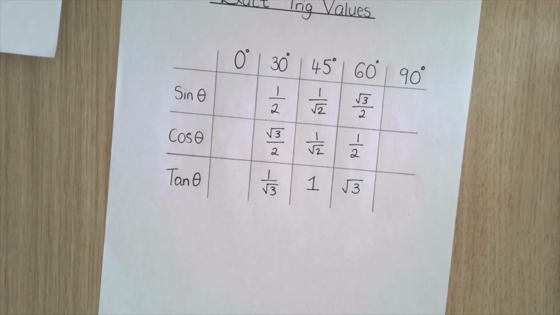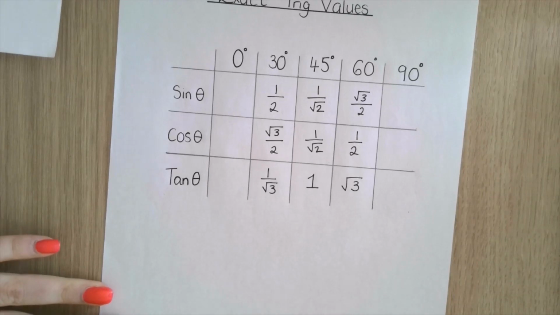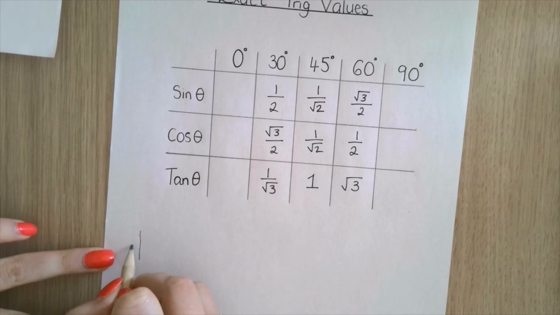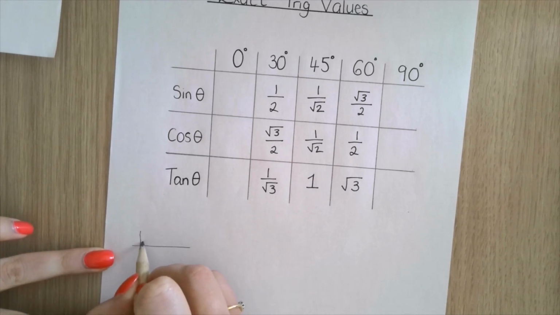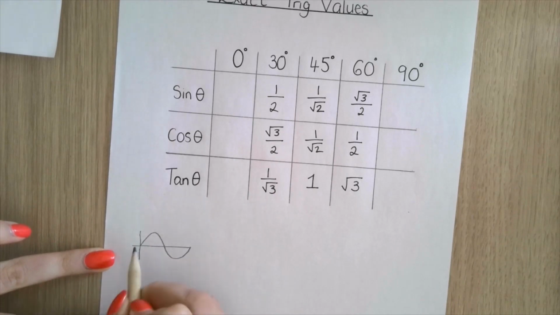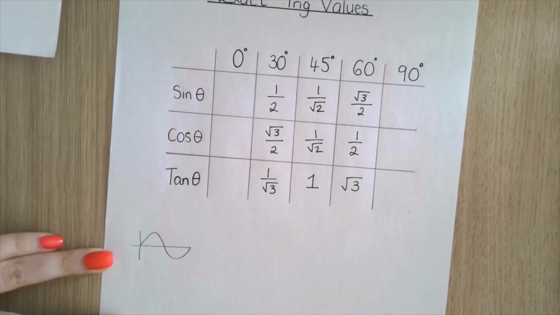Now to show you how to find the values for 0 and 90. So this comes from the graphs of the trig functions. The general graph for y equals sine theta looks like this, where this pattern repeats every 360 degrees.